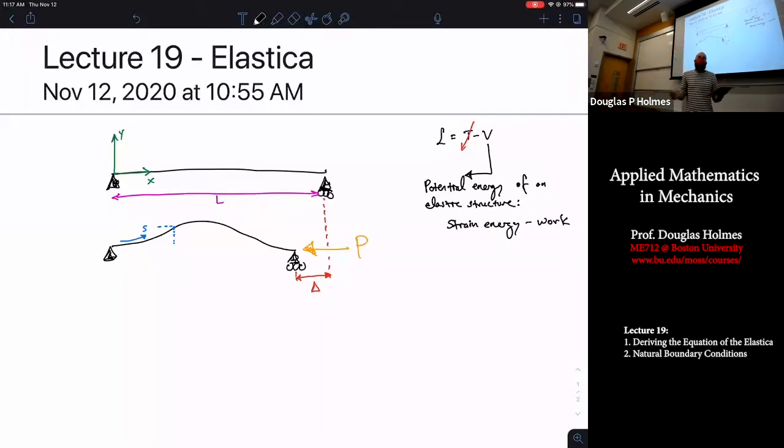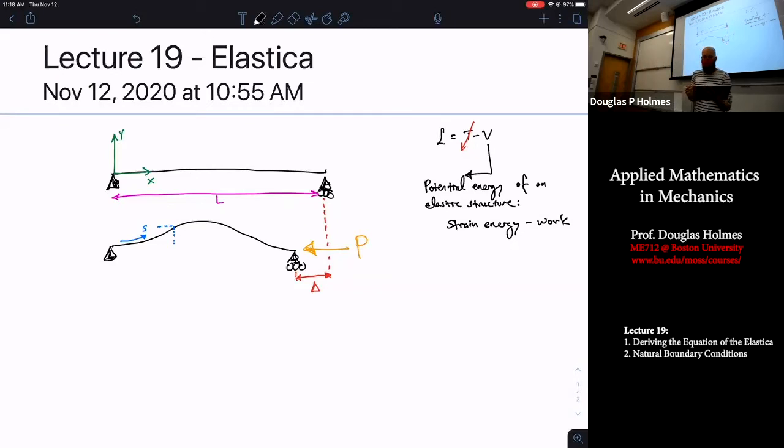Strain energy might be a term that's not familiar to you, and really what it's saying is how much energy we are storing in the elastic body because we've deformed it. In the case of a really simple classical physics approach, strain energy refers to the energy you store in a spring. So it's going to be like 1/2 kx squared. You take the derivative of that with respect to x, and you get Hooke's law, F equals kx.